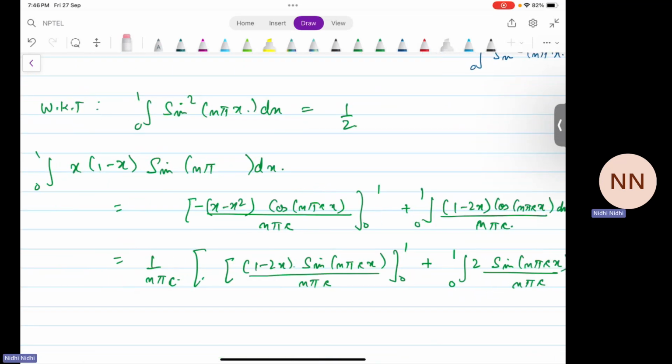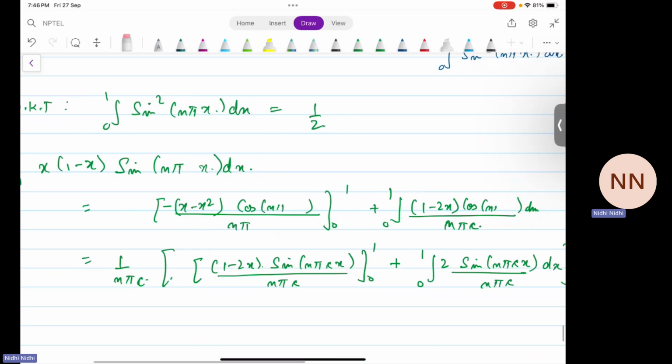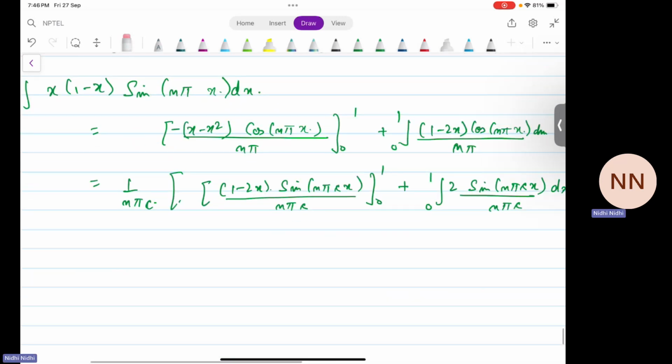So we will not have any c in the denominator.